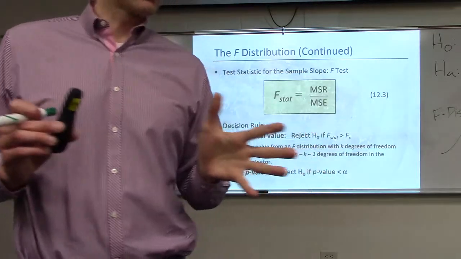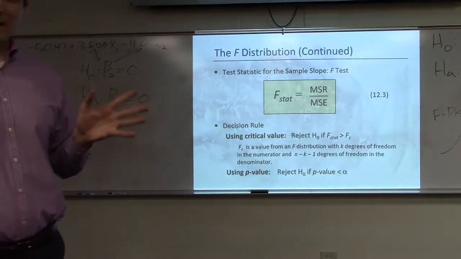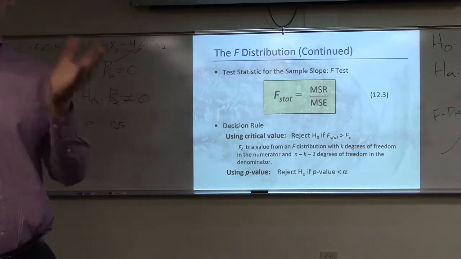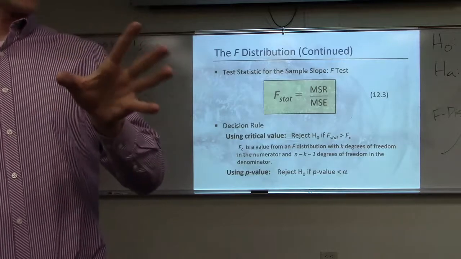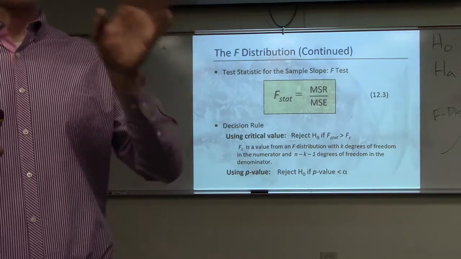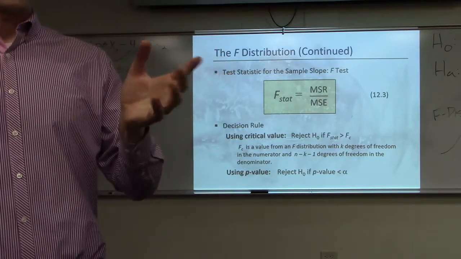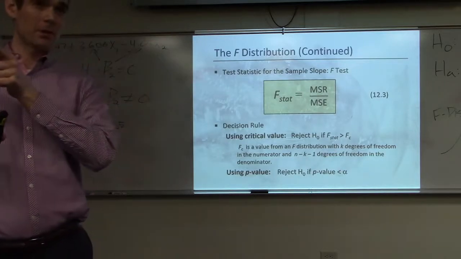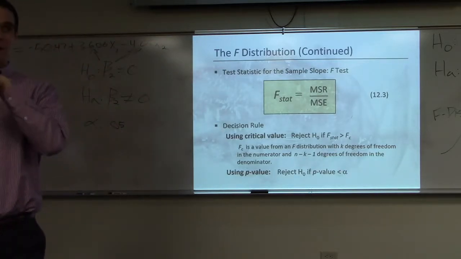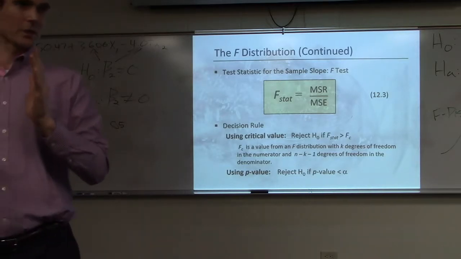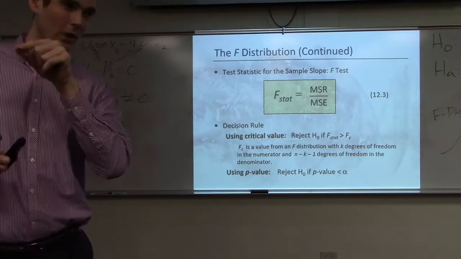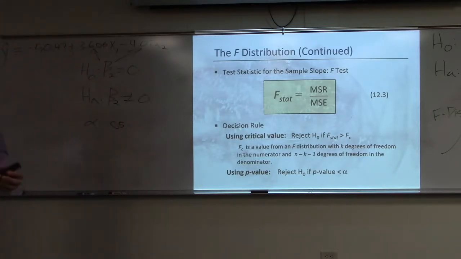Sounds intimidating, but it's not difficult, because before you even start to look, you will choose your significance level, either 5% or 1%. You look across the top for numerator degrees of freedom, and along the vertical axis for denominator degrees of freedom, and the number where they meet is the critical value.